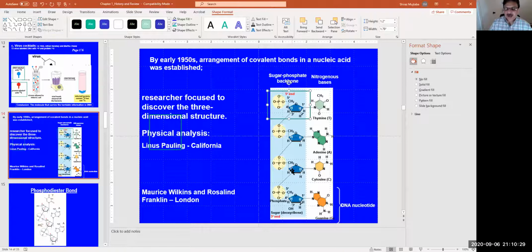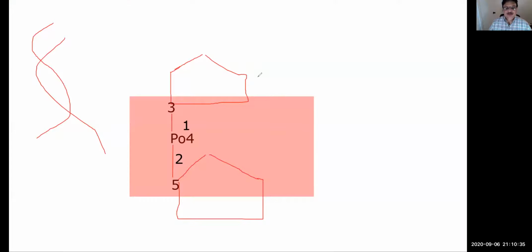Now, where do the nitrogenous bases come in? Let's go back to the slideshow. The nitrogenous bases are connected to carbon number 1 through glycosidic linkages. These nitrogenous bases could be purines and pyrimidines.